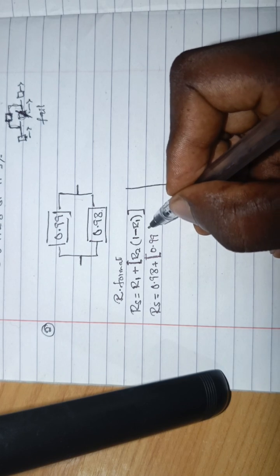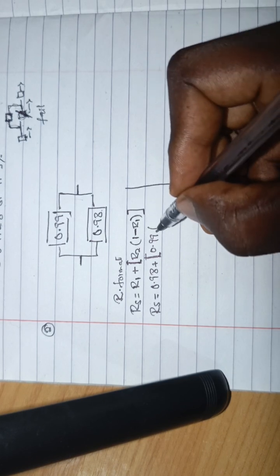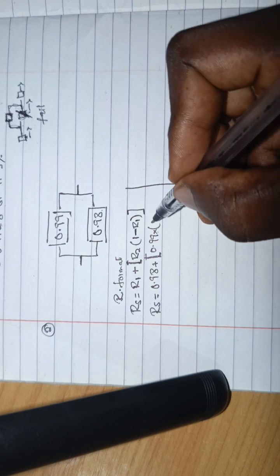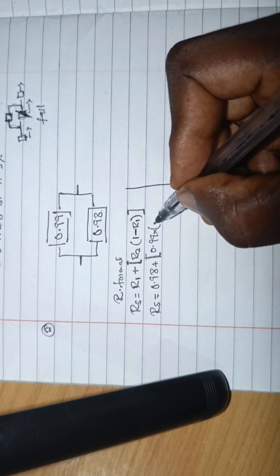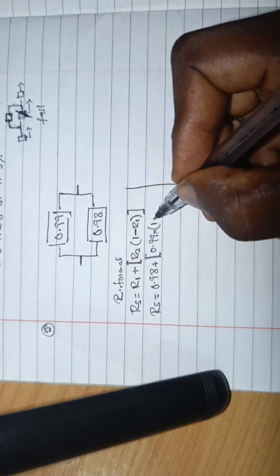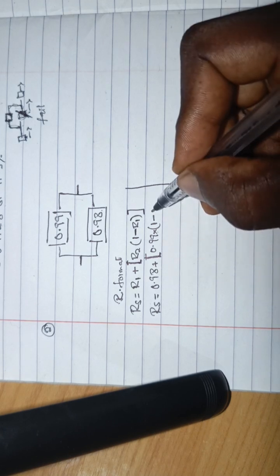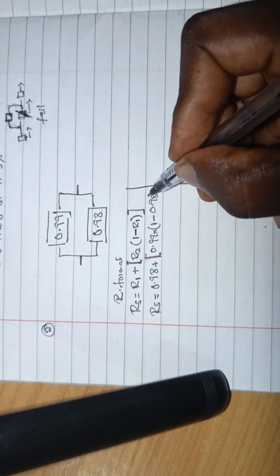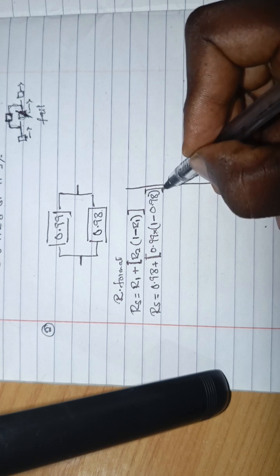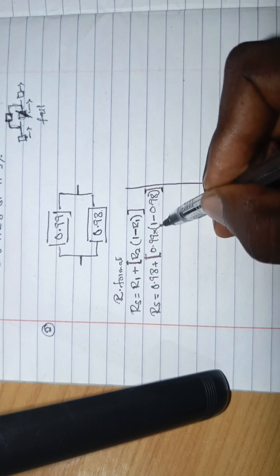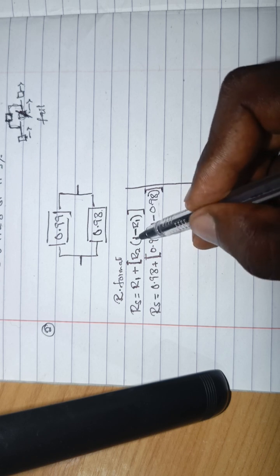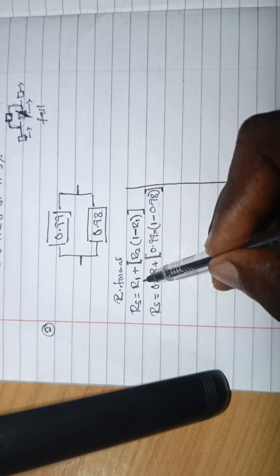Okay. Then I open a smaller bracket, which means this one is multiplying. I open a smaller bracket, then I'll bring 1, less the 0.98 again, then bigger bracket.